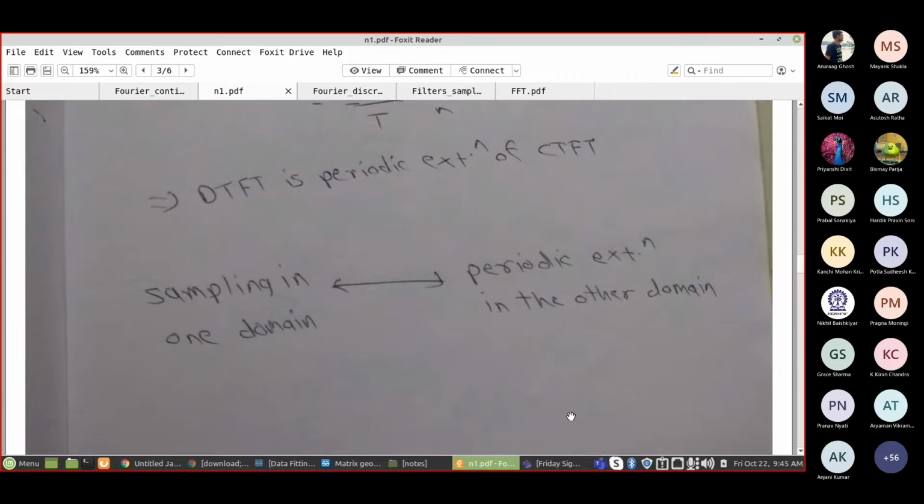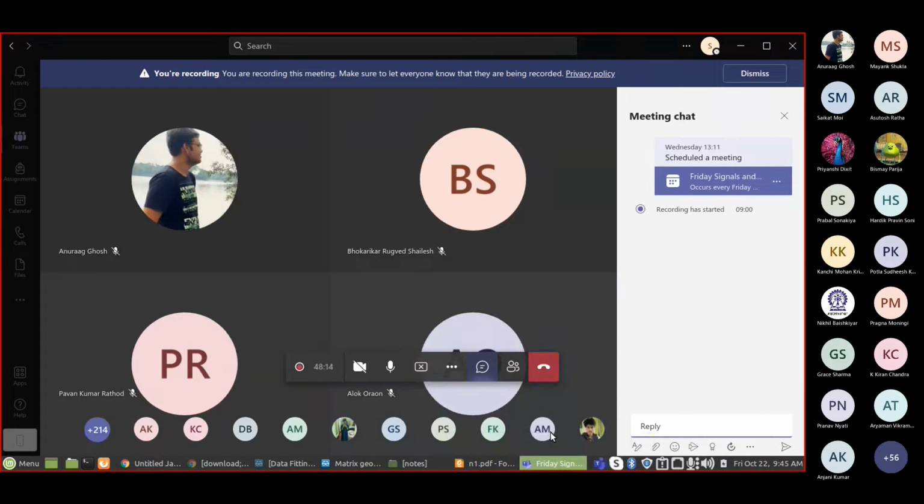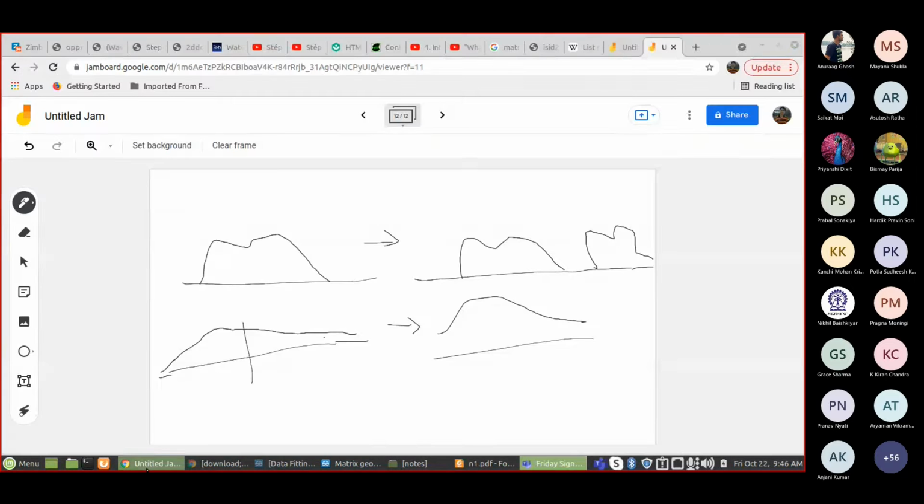In case I have not explained things properly, I hope this idea is clear to you: what's going on when we go from continuous to discrete domain, and when we extend a signal periodically in one domain, it leads to sampling in the other domain.